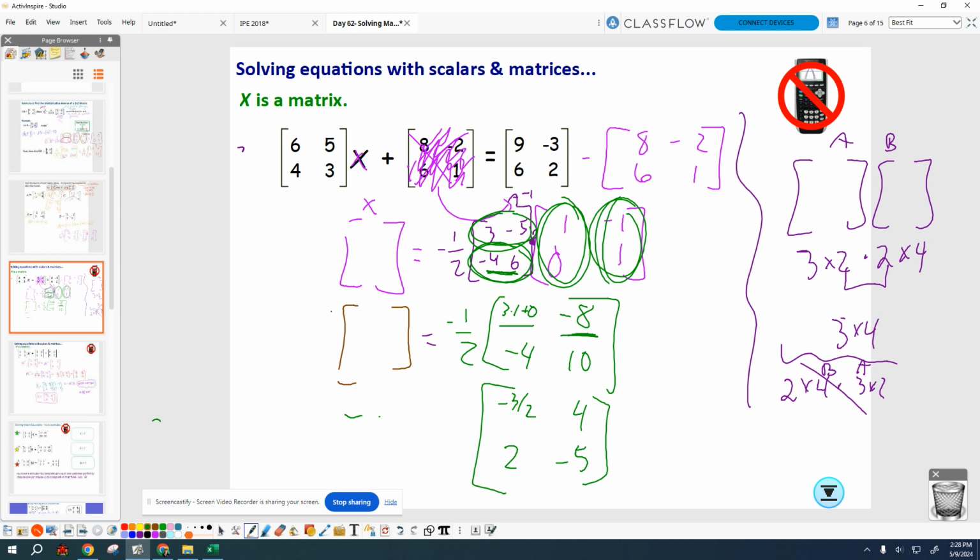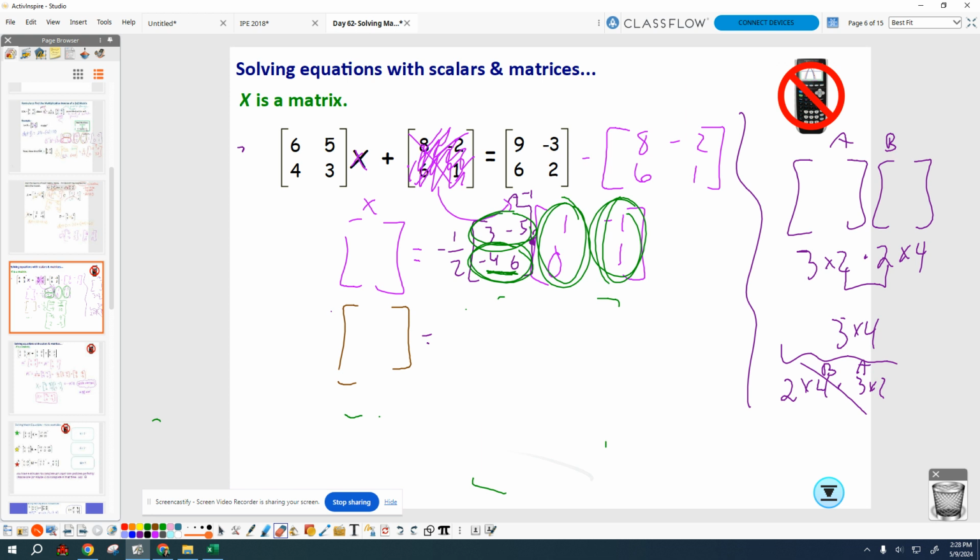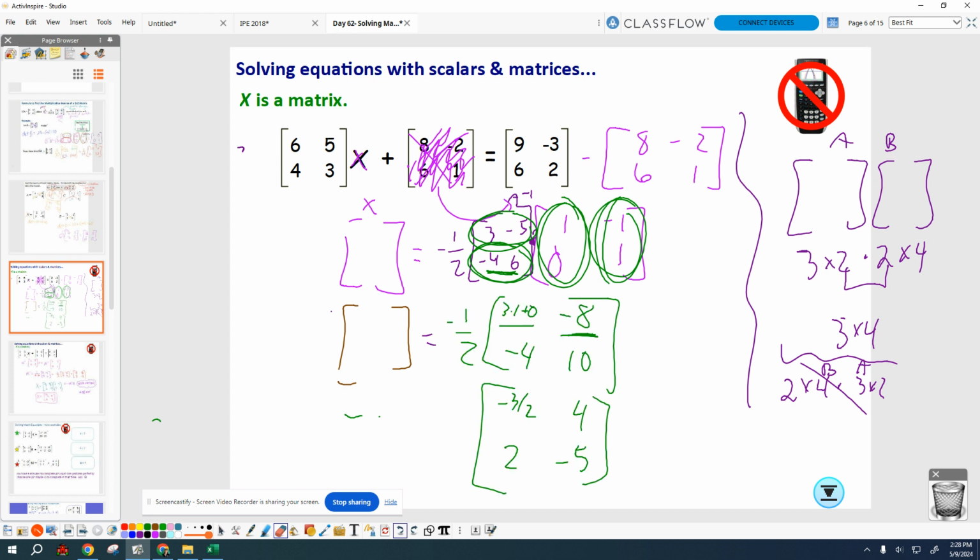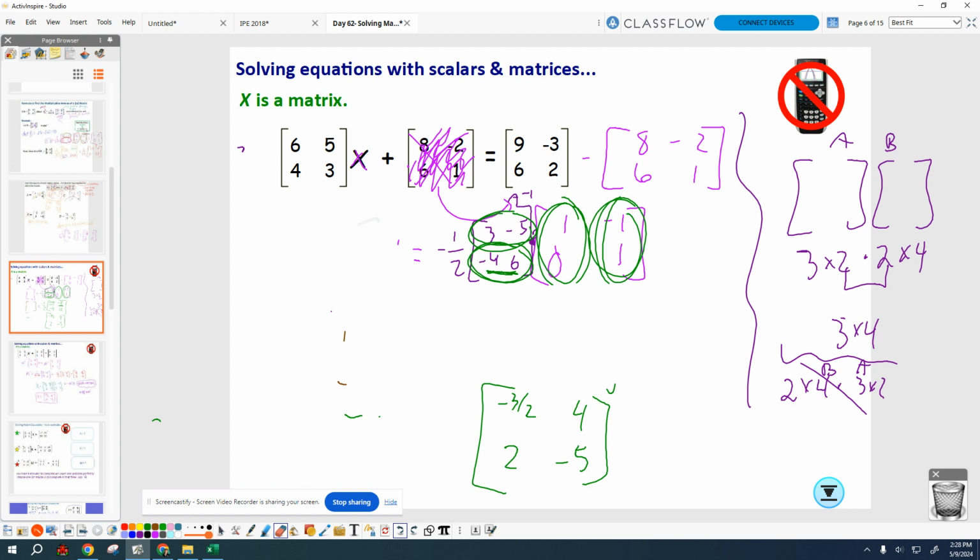So you wouldn't multiply the -1/2 to 3, -5, -4, and 6 before you multiply? Okay, I can. Actually, I'm gonna leave that answer there. If I wanna do that, it just makes the numbers uglier for you guys to multiply. But we can do that.